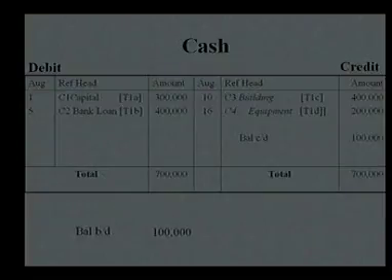Now, just under this debit side, you will find a statement written, balance brought down. B/D is nothing but balance brought down. So, whatever was the difference is written over here as balance brought down. That means as of this date, the company has a cash balance of 100,000.